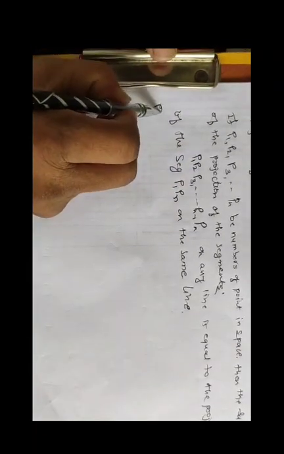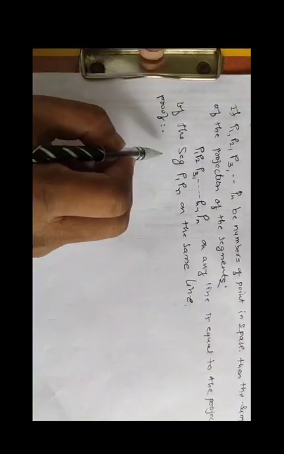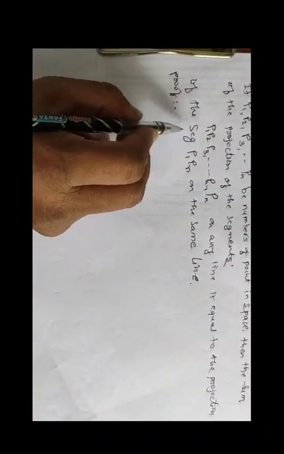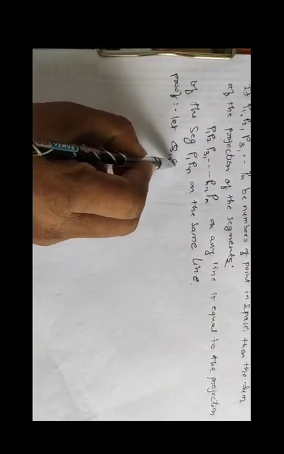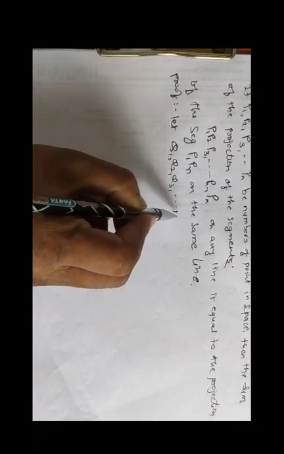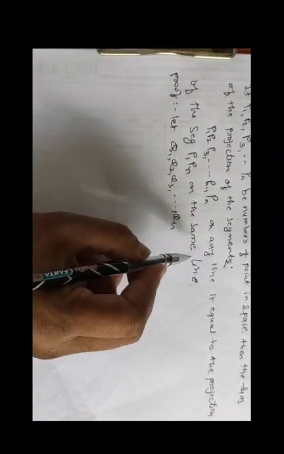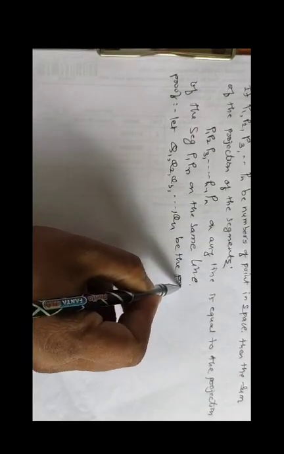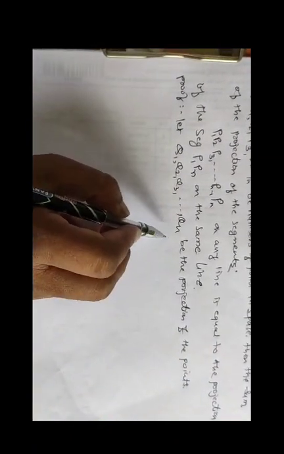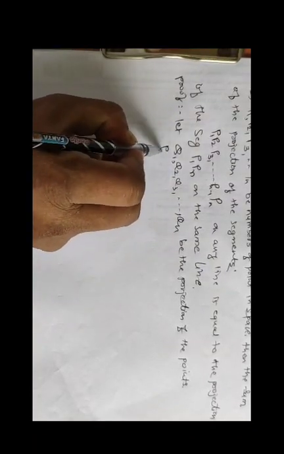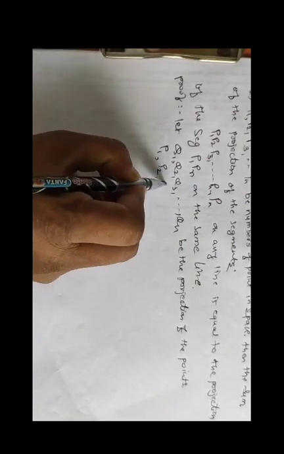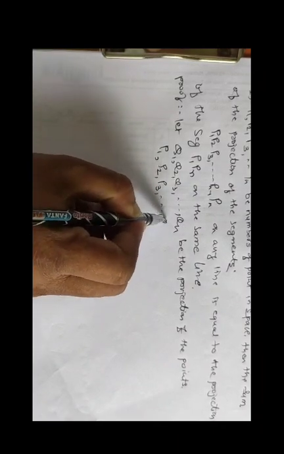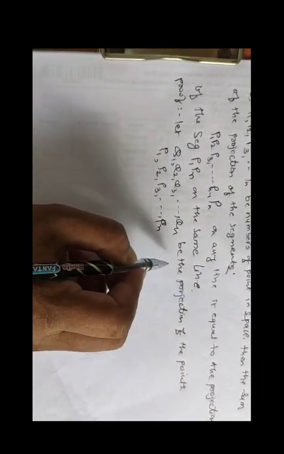Now let us start the proof. Let Q1, Q2, Q3 to Qn be the projections of the points. We consider separately the projection of each and every point, and suppose the projection of P1 is Q1, P2 is Q2, P3 is Q3 and Pn is Qn on the given line.